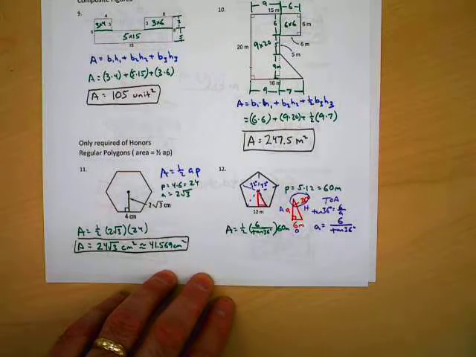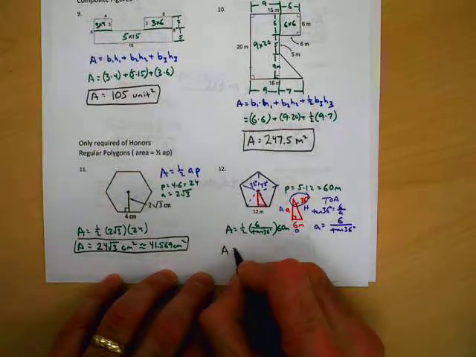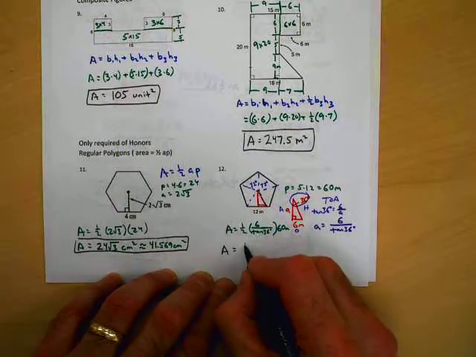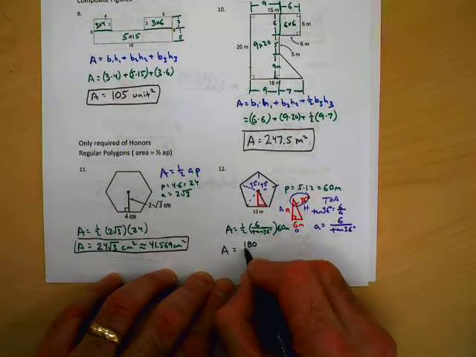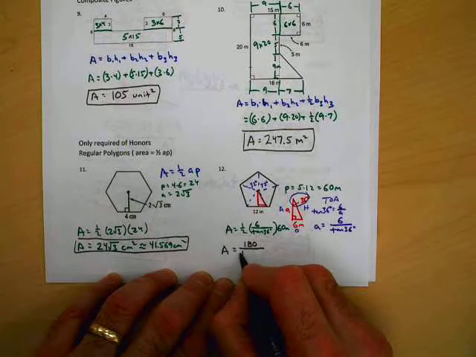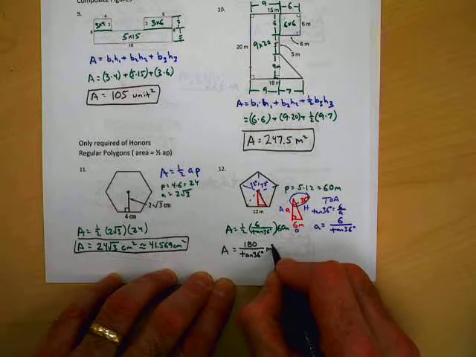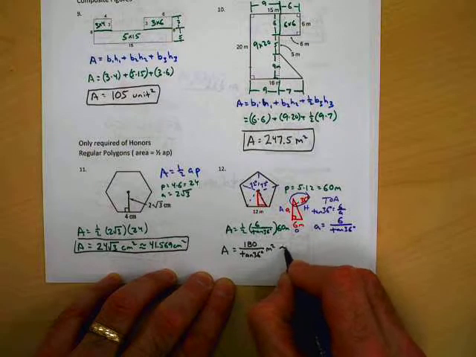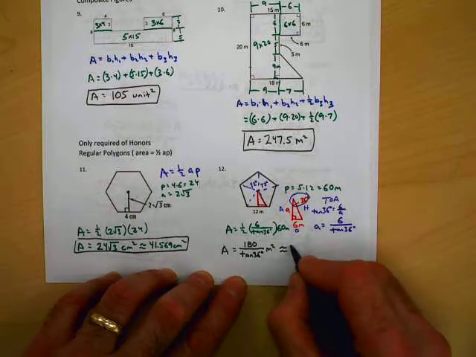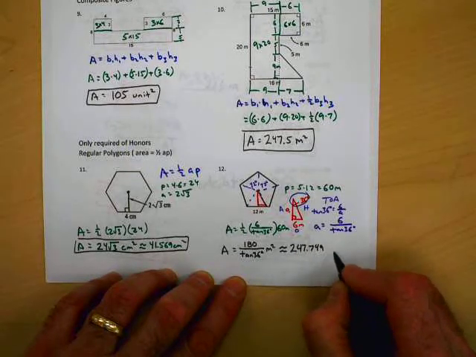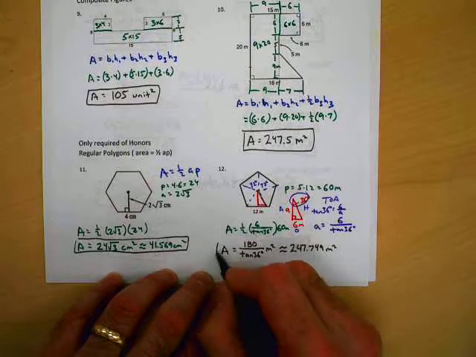My area then results in 1/2 times 6 times 60 is 180 over tangent of 36 degrees meters squared, which is about 247.749 meters squared if you punch in your calculator.